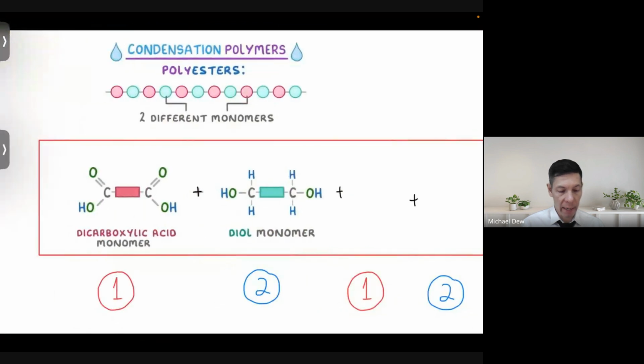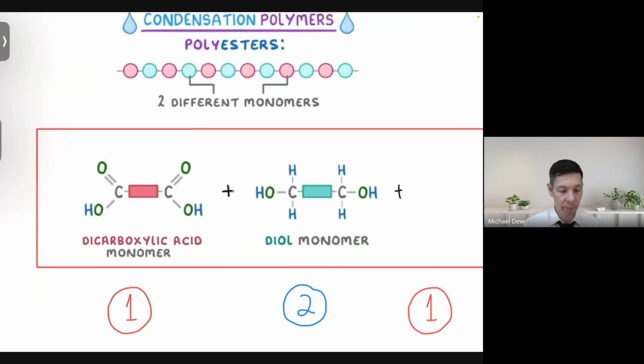All right, so again, dicarboxylic acid is a monomer, and diol is also a monomer or dialcohol. All right, and you can see there is a red rectangle representing the acid and a green rectangle to represent the alcohol.